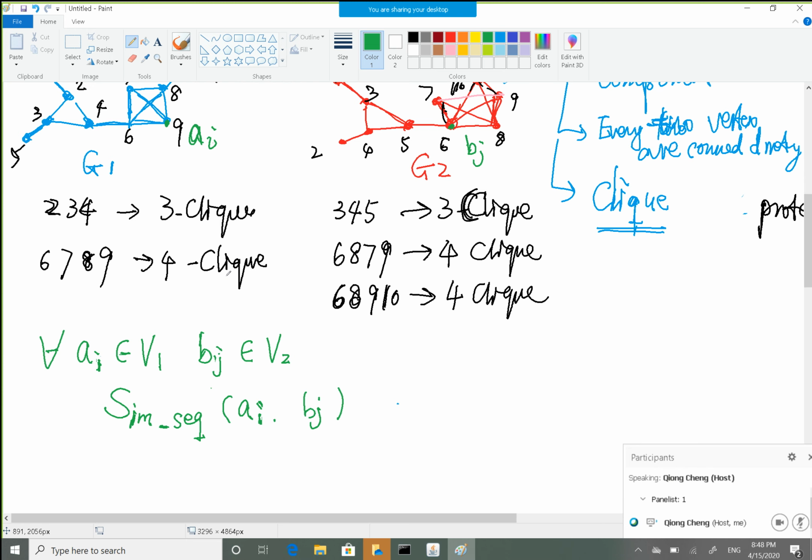So for this sequence alignment, the author also uses what we mentioned, the sequence alignment. And the specific tool the author uses is the sequence alignment score.